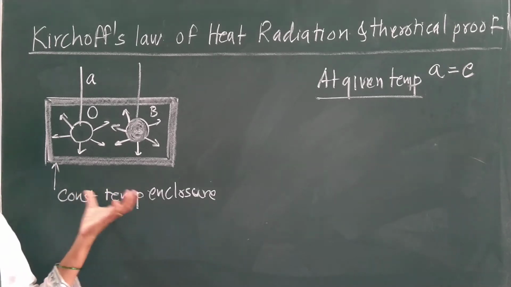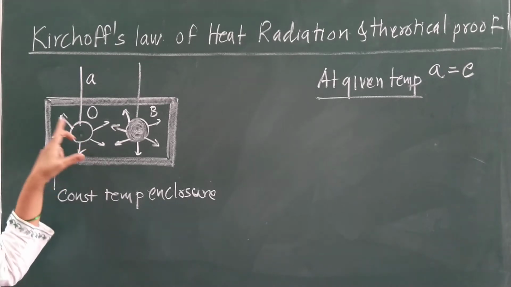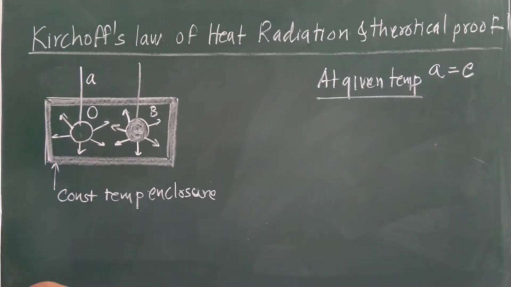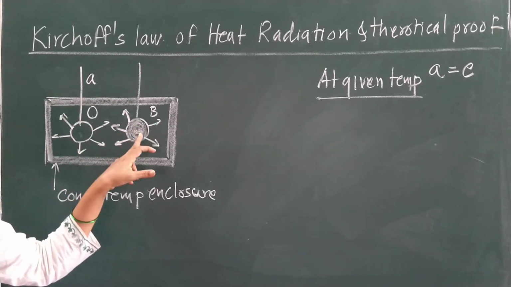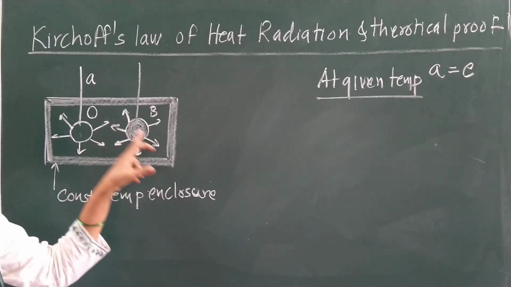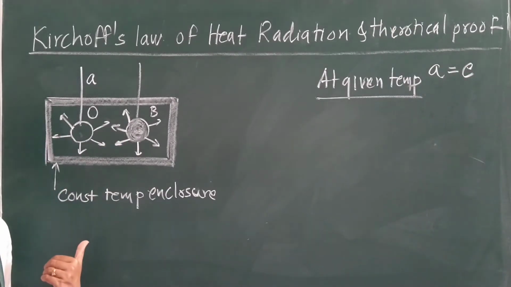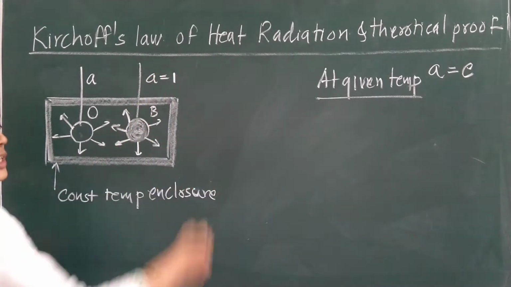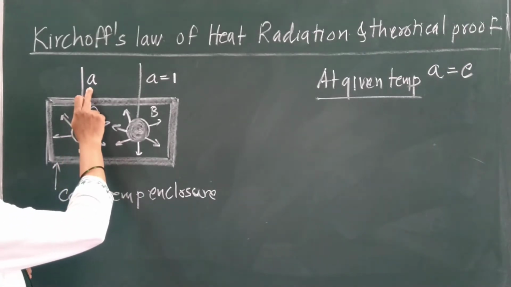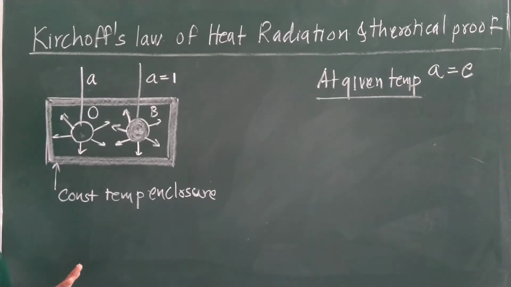And as it is a constant temperature enclosure, the rate of radiation of the ordinary body is equal to the rate of absorption of the ordinary body. And for the perfectly black body, the rate of emission is equal to the rate of absorption. For the perfectly black body, the coefficient of absorption is 1. For the ordinary body, the coefficient of absorption is A. Clear? Have you got this idea?